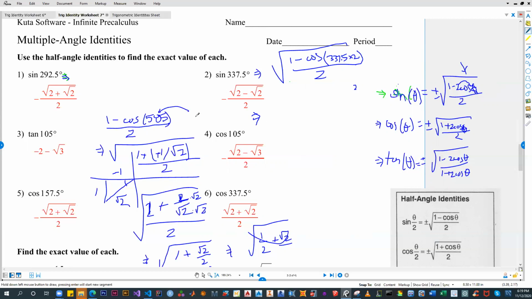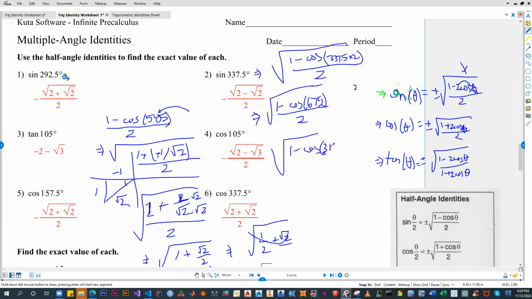So when you do the square root of 1 minus cosine of 675, again, you have to find the angle itself that you can work with. So you minus 360. That's 315. That's 1 minus cosine of, let's look at that one.